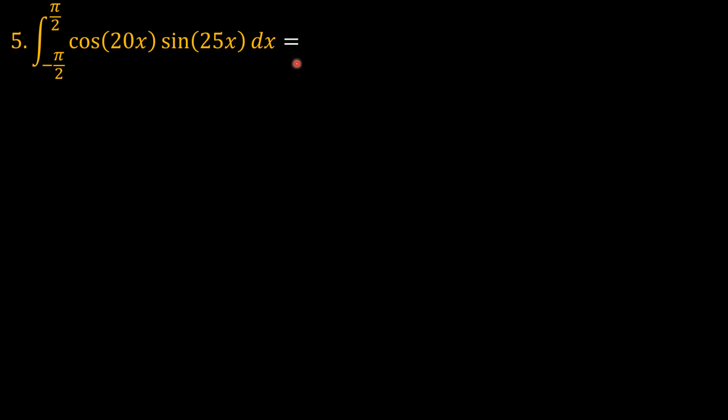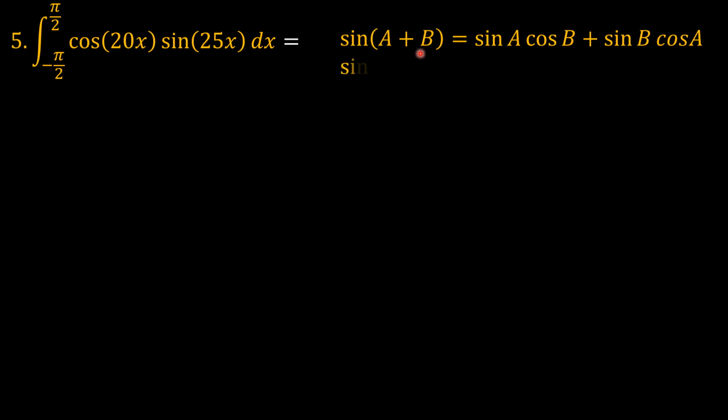So we're just going to have to use a simple identity that one would know: sine of a plus b is equal to sine a cosine b plus sine b cosine a, and sine of a minus b is equal to sine a cosine b minus sine b cosine a. Adding these together, you get twice sine a cosine b being equal to sine of a plus b plus sine of a minus b.